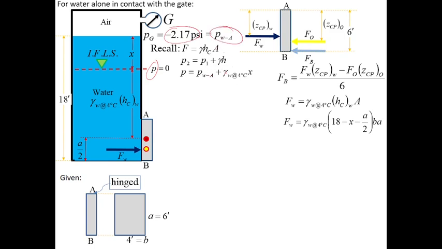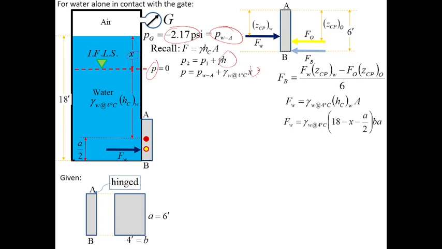Water to air interface. Then the liquid substance is water between the water to air interface and the imaginary free liquid surface. So that's why we consider it to be water, and it is at 4 degrees Celsius. Then H here refers to the distance between the water to air interface and the imaginary free liquid surface, which is x.